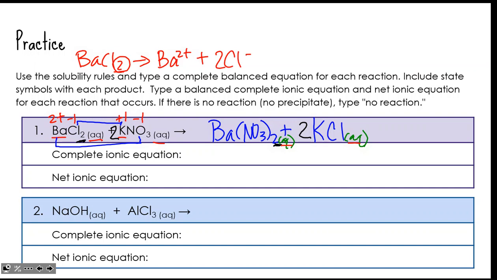So every time that formula unit breaks up, you get 1 of the cation, 2 of the anion. So make sure that you balance them out from their formulas or from their coefficients. So this is going to be Ba2+ 2Cl-. That's our first reactant.